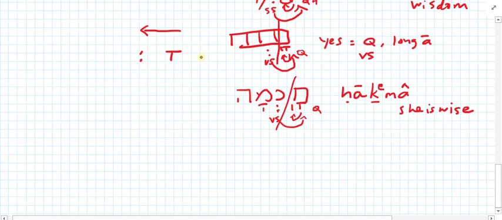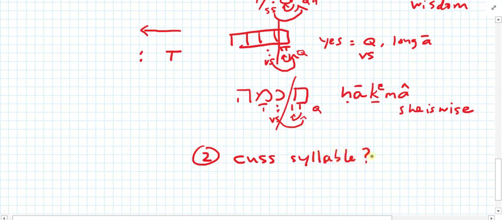Now, if you don't have that situation, any other place where you have a qames symbol, but one that's not followed by shava, it's very easy. Here's the rule. You want to ask yourself, is my qames symbol in a qas syllable?